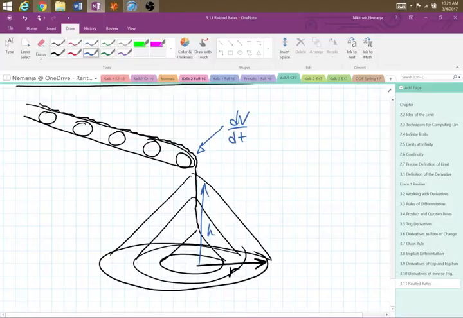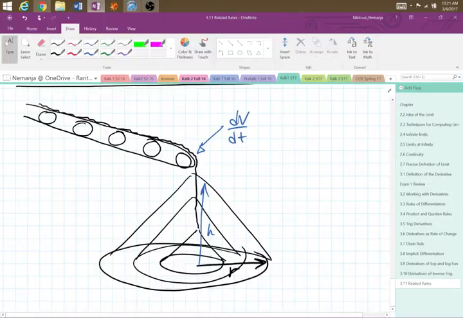Now, this is one of the craziest problems, because there's a lot of stuff going on here. We all see the cone. What's the big deal, right? Well, it's a big deal because you actually have two independent variables that grow, height and radius, right?